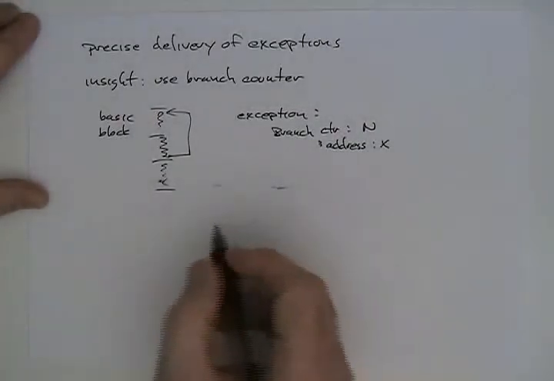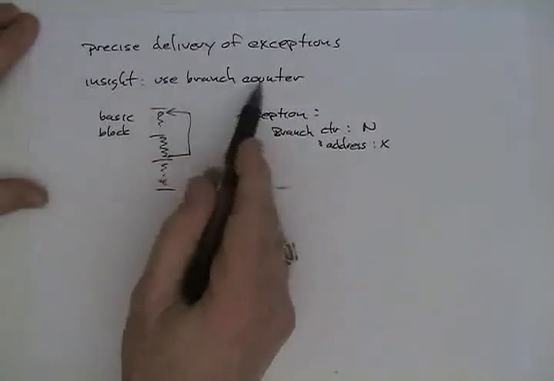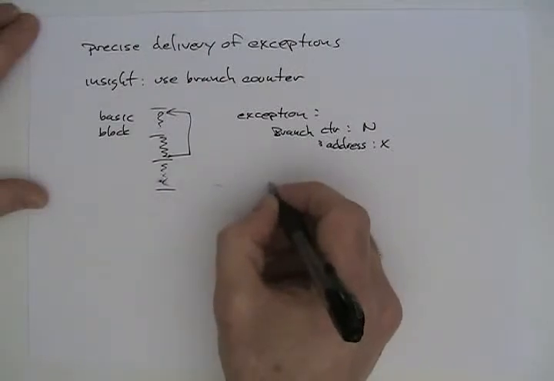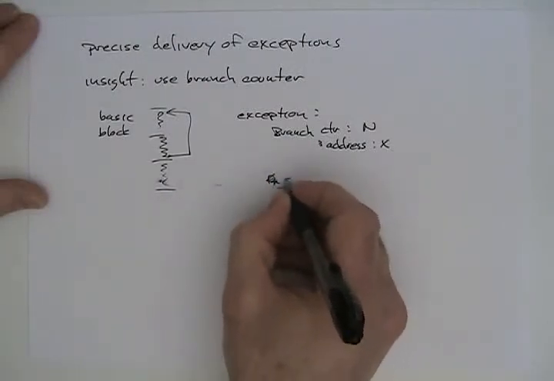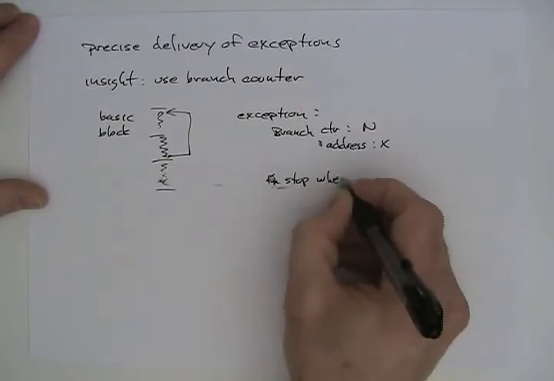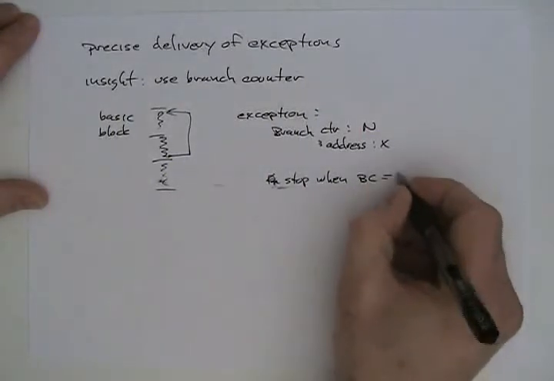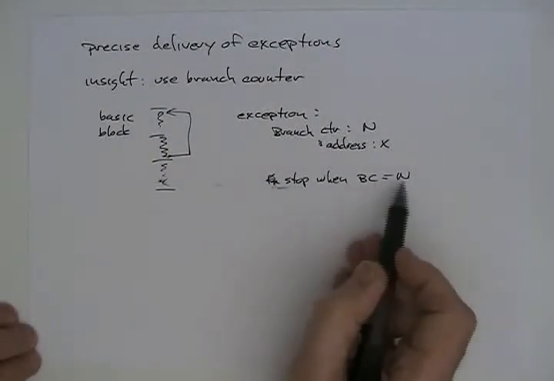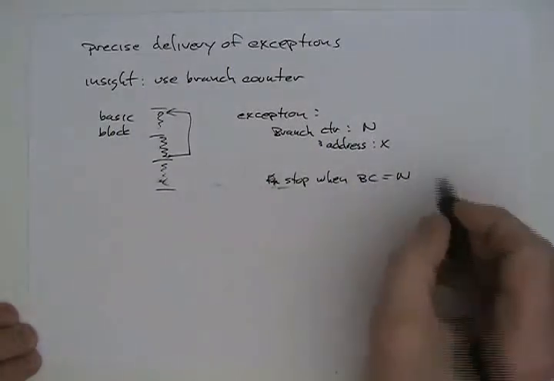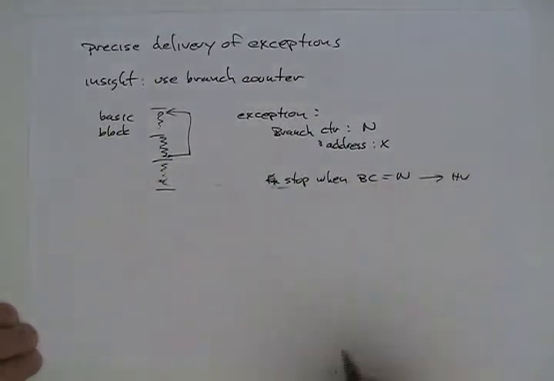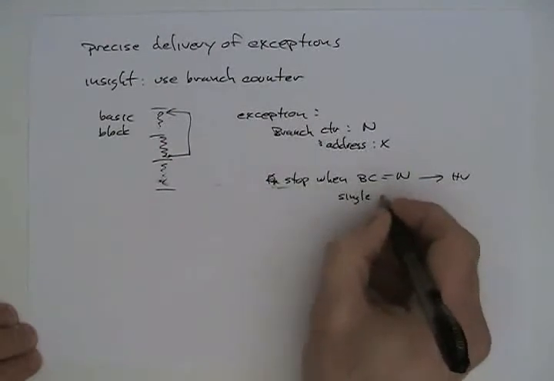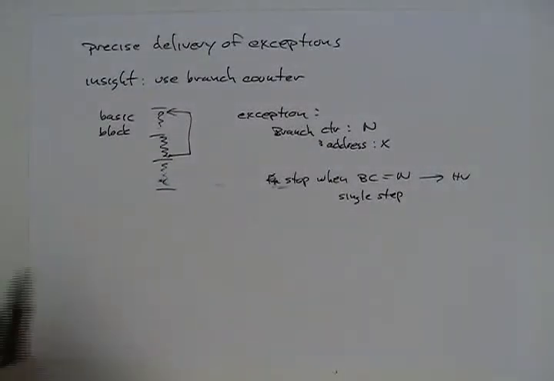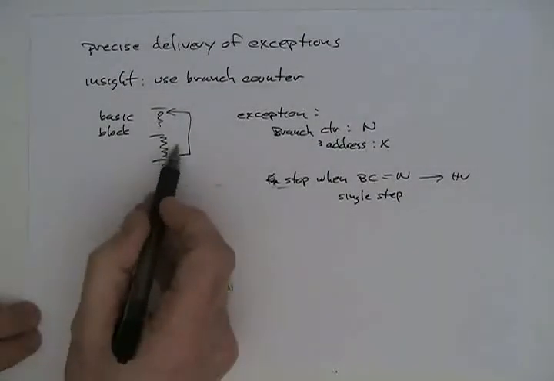And so what we do on playback is we can set this to cause an exception. So we say stop when branch counter equals n, and it will execute at full speed until the branch counter hits n, at which point we'll take an exception and jump to the hypervisor, and then at that point we single step until we get to this address x. And that allows us to deliver the exception precisely.